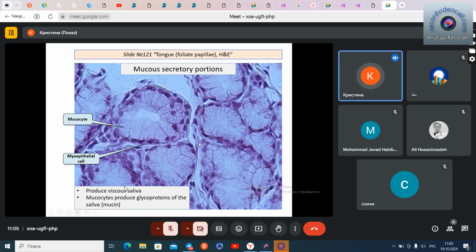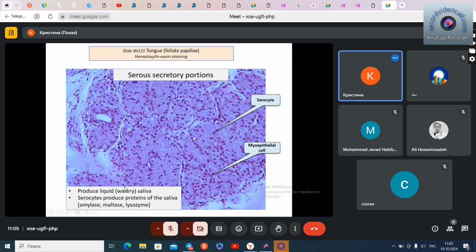Between the secretory portions, here we see loose fibrous connective tissue with blood vessels. Here we see serous secretory portions. They contain serocytes and myoepithelial cells.